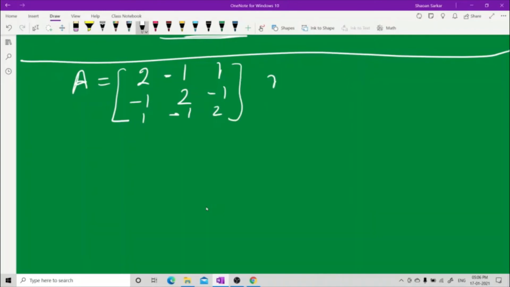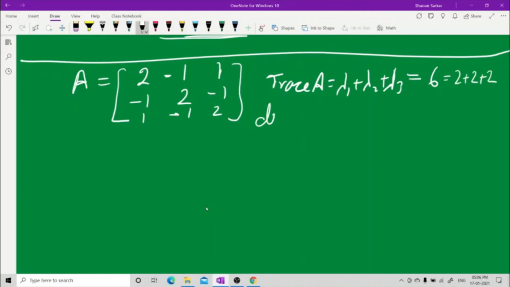Now trace A is lambda 1 plus lambda 2 plus lambda 3, and the trace is equal to 6, that is 2 plus 2 plus 2.